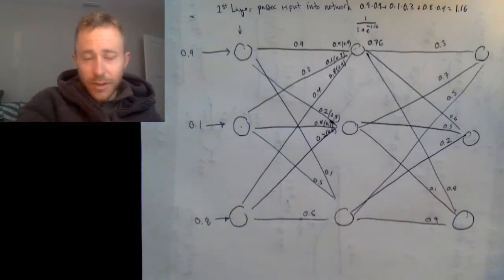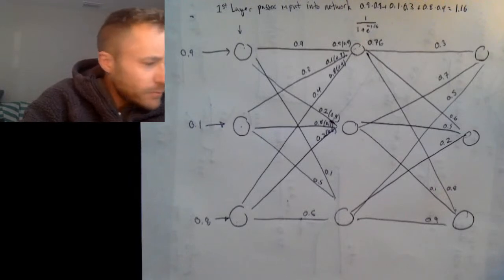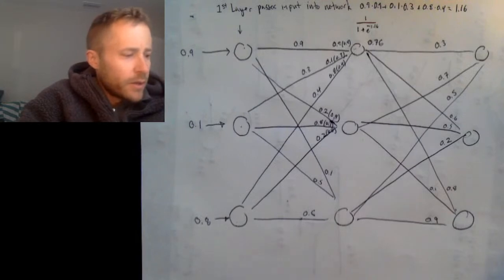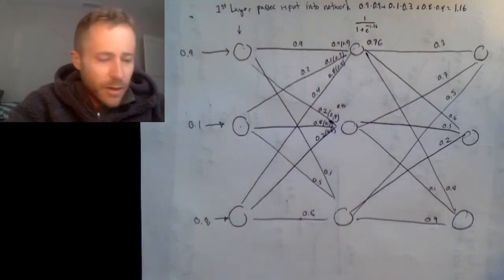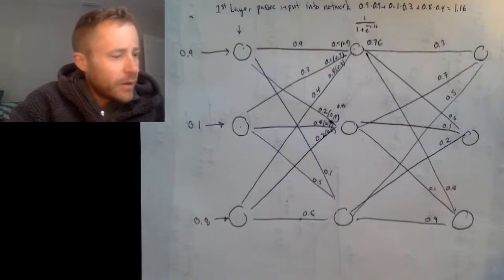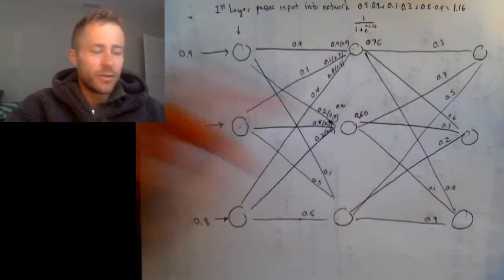Hopefully you can see why it's advantageous to do this with computers, because it's very tedious. Okay, so I got that the input is 0.42. And then I have to apply the sigmoid function to that, and I get 0.60 as the output of this neuron.